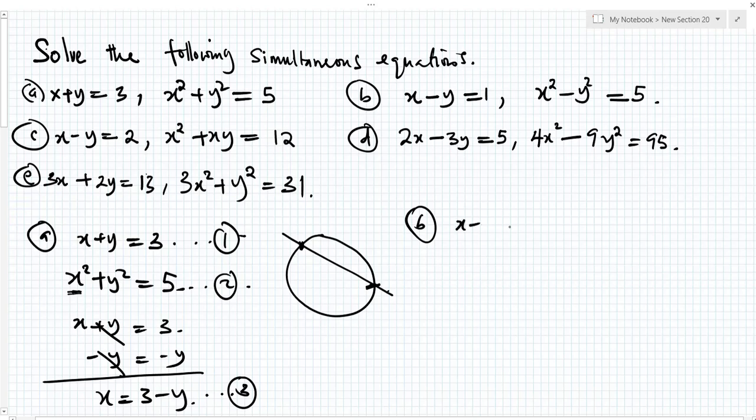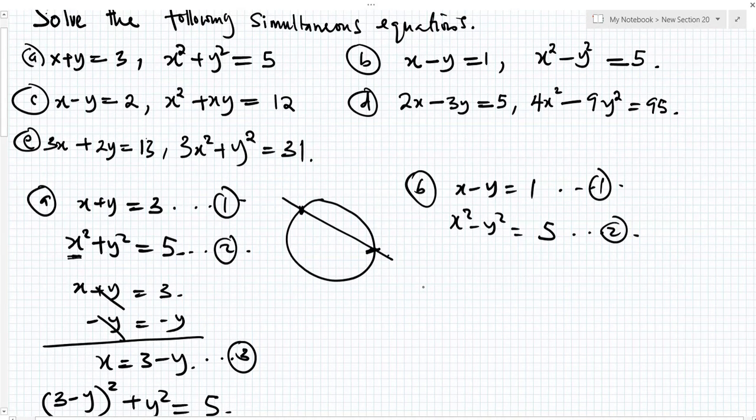we have x minus y equal to 1, equation 1, and x squared minus y squared equal to 5, equation 2. Let me rearrange this.